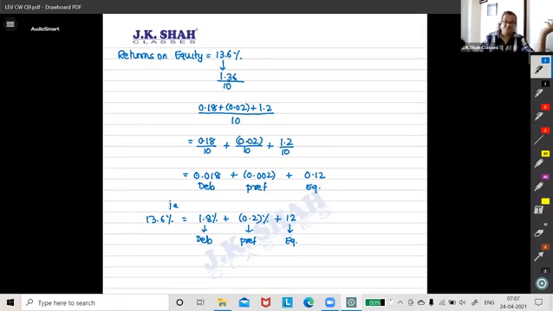Combined leverage, right? Income statement you visualize starting from sales, sales less variable cost, contribution, contribution less fixed cost, EBIT, EBIT less interest, EBT less tax, EAT less preference dividend, divided by number of equity shares, you get EPS. So we all know that if sales will increase, EPS will obviously increase, sir.